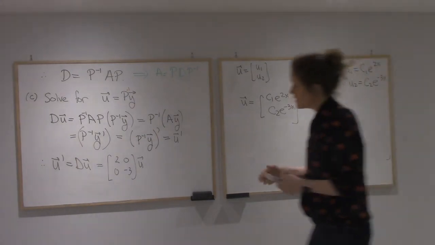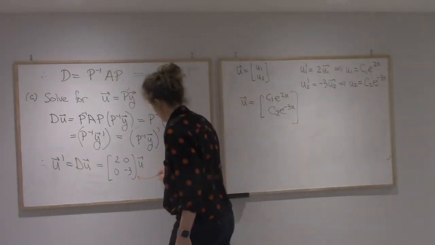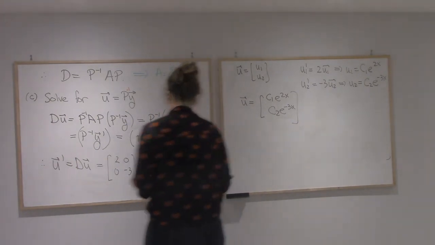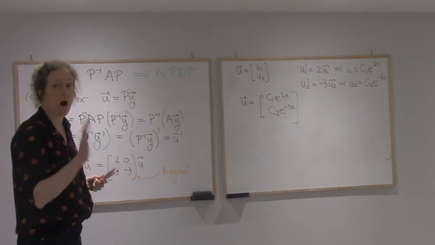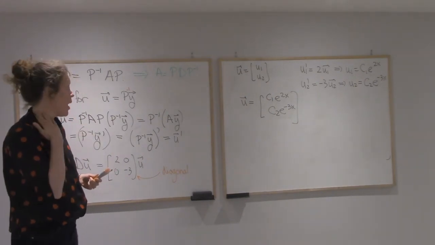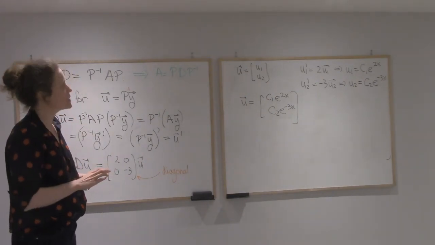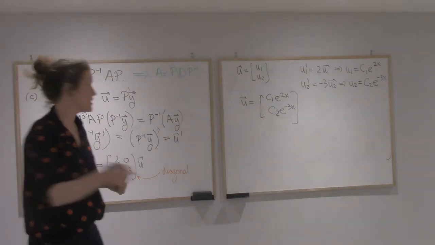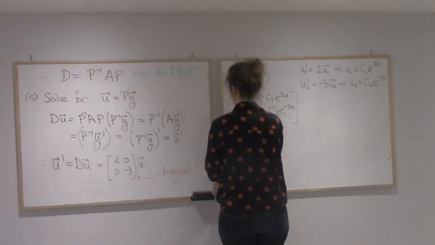Solving for u isn't hard because this is a diagonal matrix. And so it's all down to the proposition that we use in the last example. And so the final step is to solve for y.